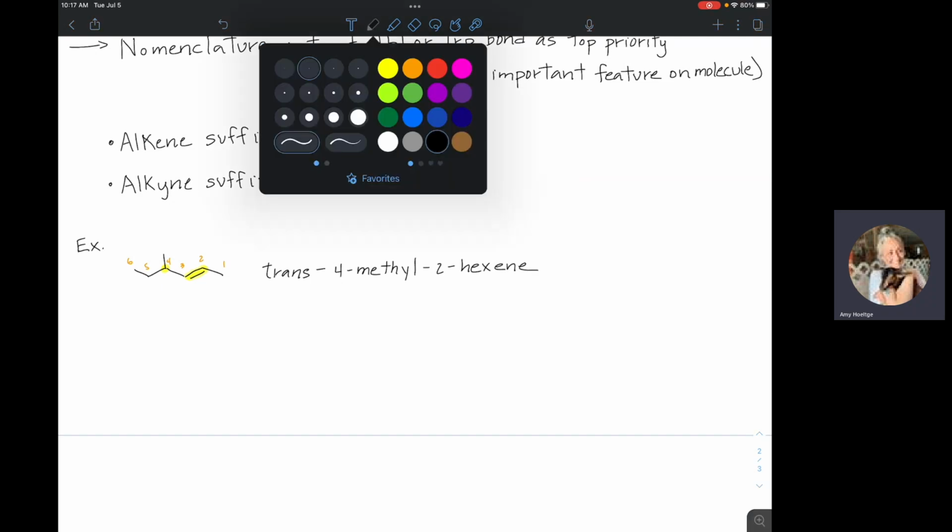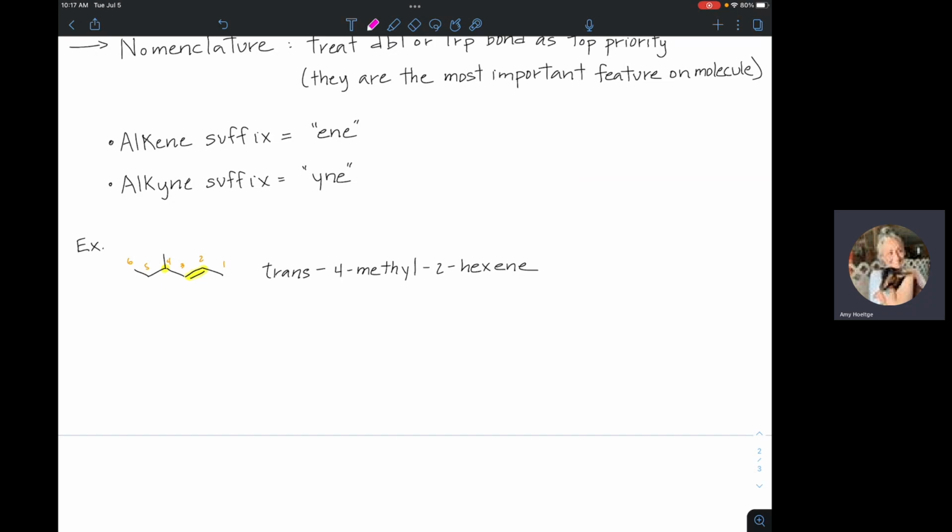So if you want to pick this apart, you can. You could say that you have an alkene, and there's only one, right? One double bond, so we don't have di or tri or anything in there. The parent has 6 carbons. This is where your double bond is.